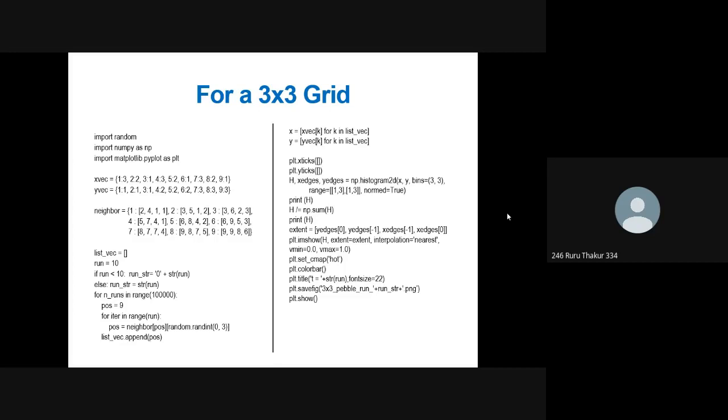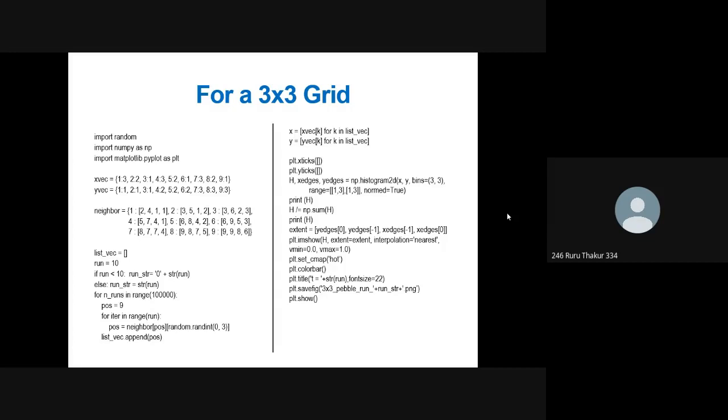Initially, we'd set the number of runs to quite a few different values, and in this case, we've left it at 10. Once we've run through all of these iterations, that is, we've done it 100,000 times, and we've appended all of those positions to the list vector, we pick out the positions from the x vector and y vector lists, and we plot histograms using those positions.